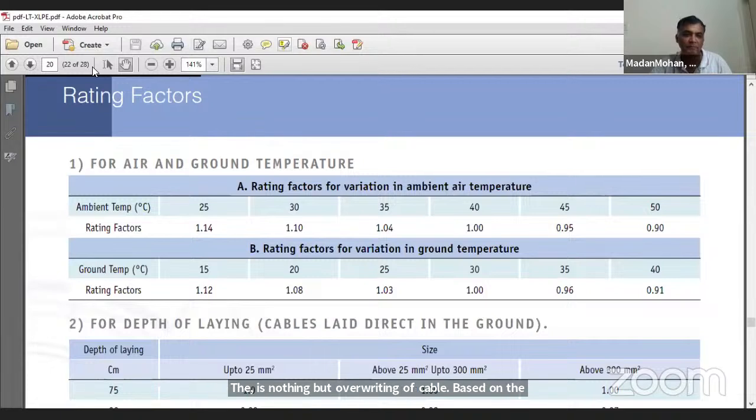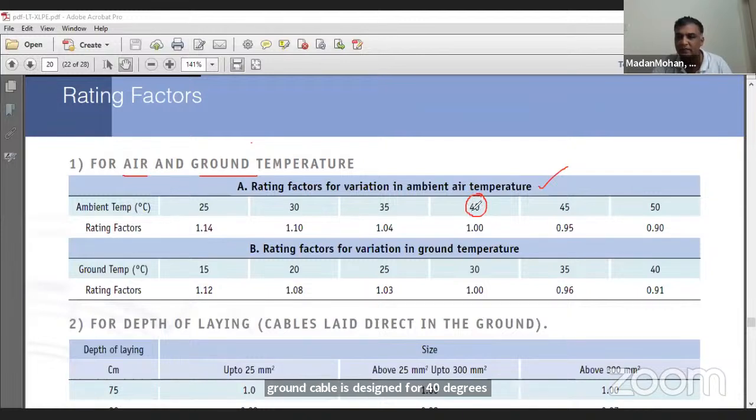For example, here, if we are laying for air and ground temperature, if you are laying the cables above the ground, the cable is designed for 40 degrees centigrade.